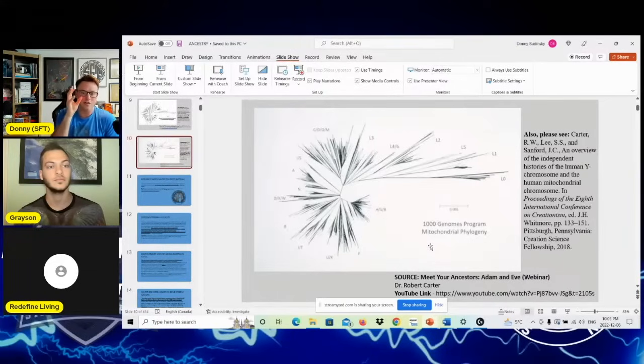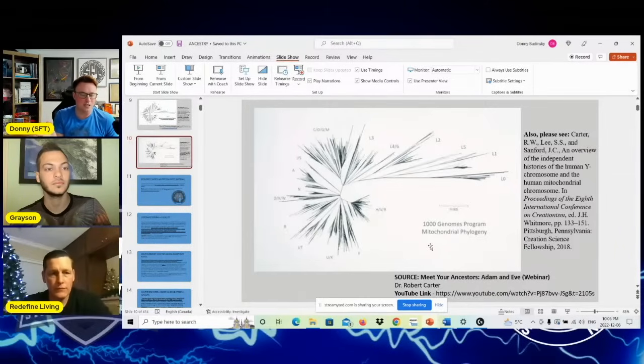You could have some people picking up more mutations in the same amount of time than other people, than their cousins. So right there, you can't now look at the branches and assume it's X amount of time, because if you can pick up more mutations than another people group, or some people groups could be hypermutating for a number of reasons, maybe environment, depending on where you live on the earth. Again, that's an assumption that's a problem for the evolutionary molecular clock.